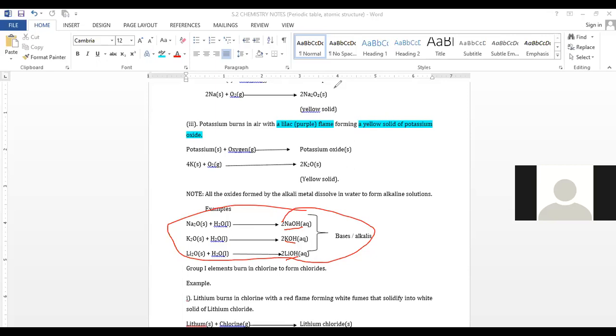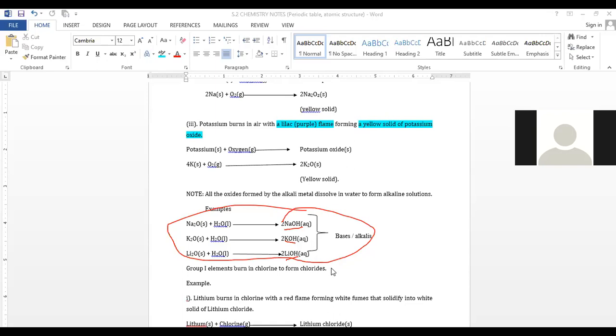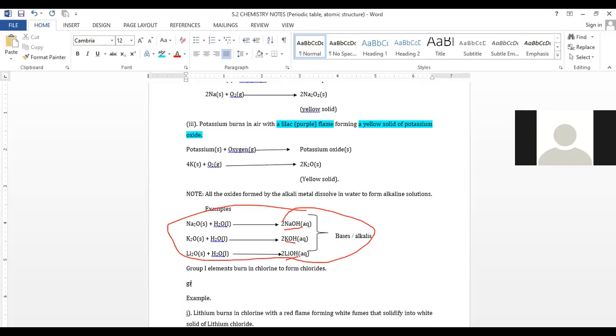Let me write them down. So you can note them down. Group 1 metals, elements react by losing or donating electrons.